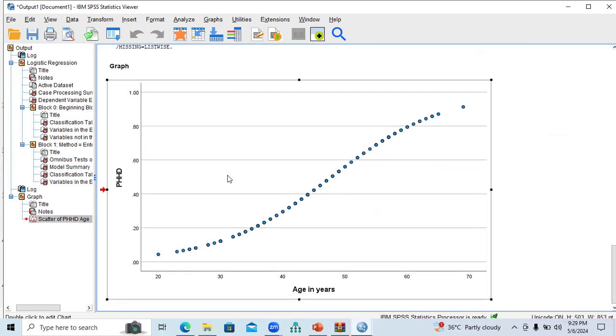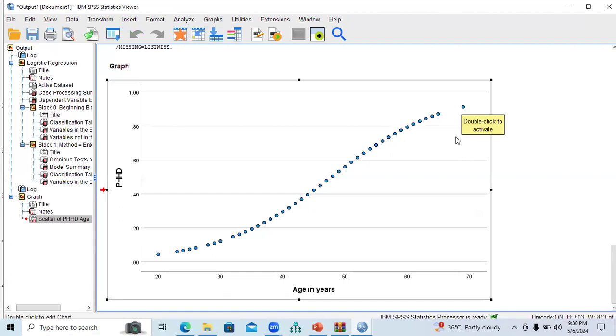Now, this is the graph. On the left side, you can see the probability of having heart disease, and on the bottom, you are seeing the age. Here we can see that when the age increases, the probability of having heart disease also increases. The highest probability is reported at an age near 70.